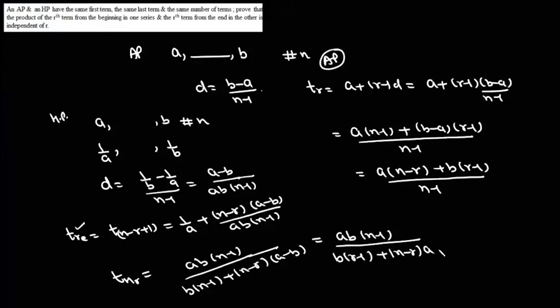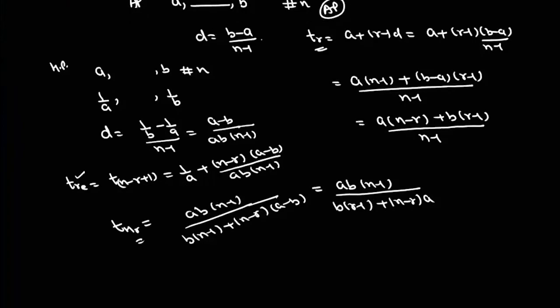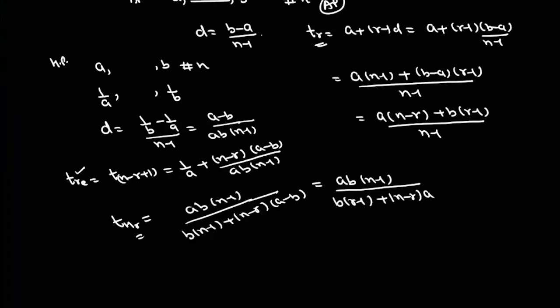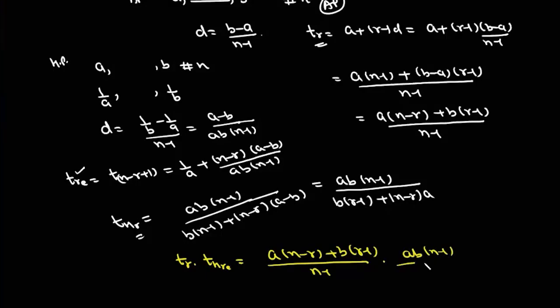Now it says we have to prove that the product of these two terms is independent of r. Now we multiply them, and we get the rth term from the beginning and the rth term from the end: [a(n minus r) plus b(r minus 1)] upon (n minus 1) into ab(n minus 1) upon [b(r minus 1) plus (n minus r) into a].